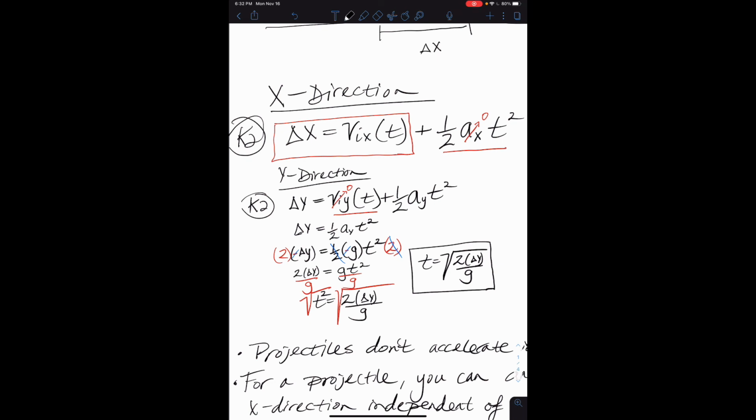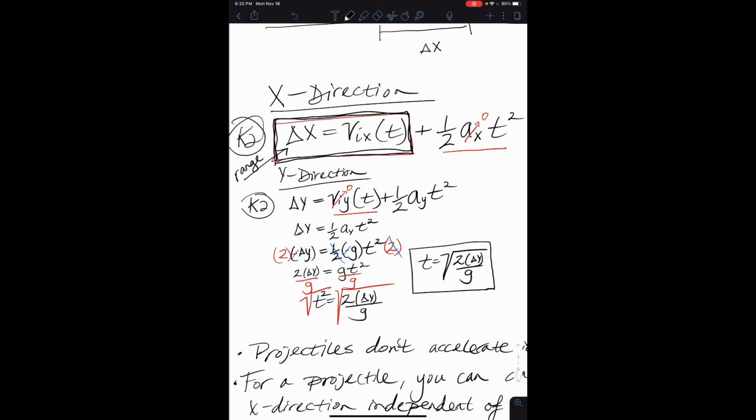And so we have this formula right here for the delta x direction, or the x direction, which is going to give us the range, or how far something goes. So sometimes we like to call delta x, this variable right here, the range.